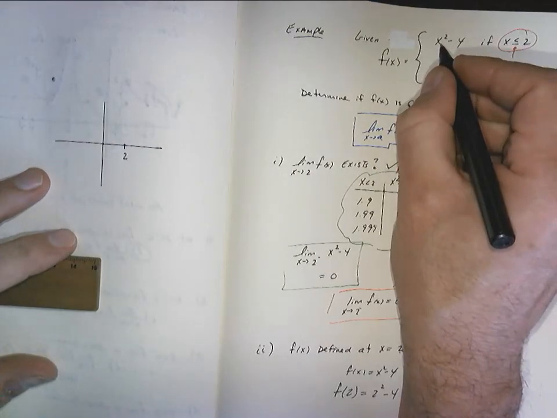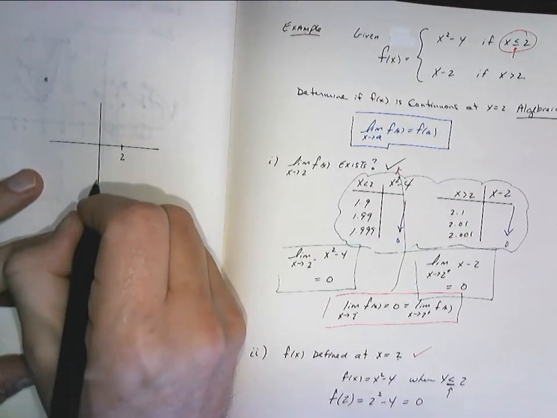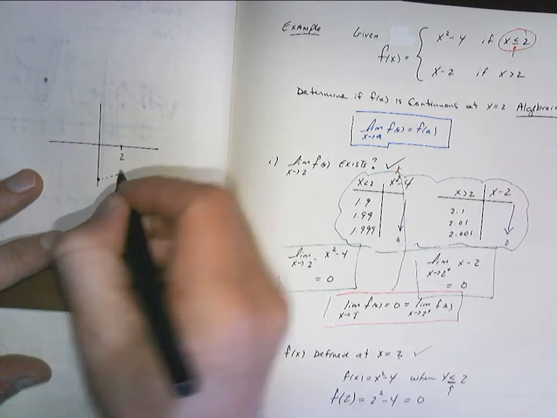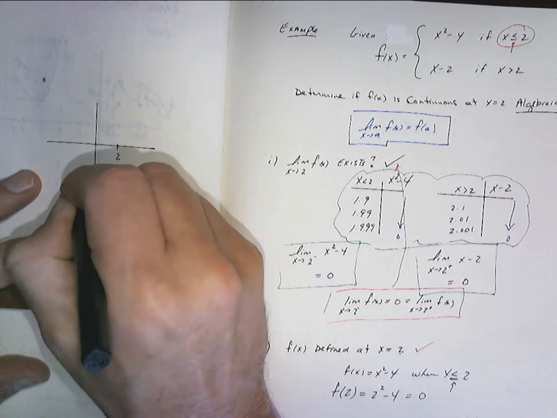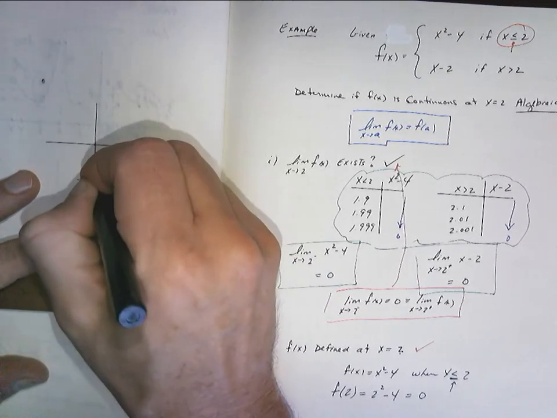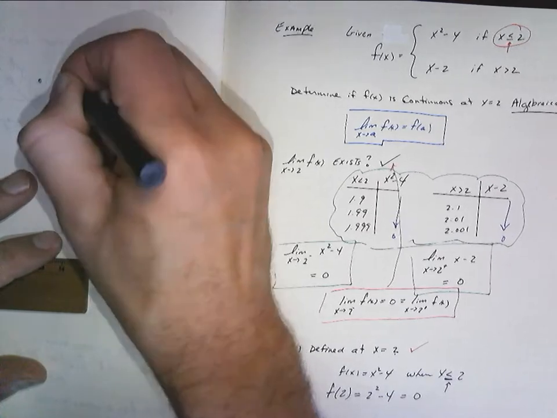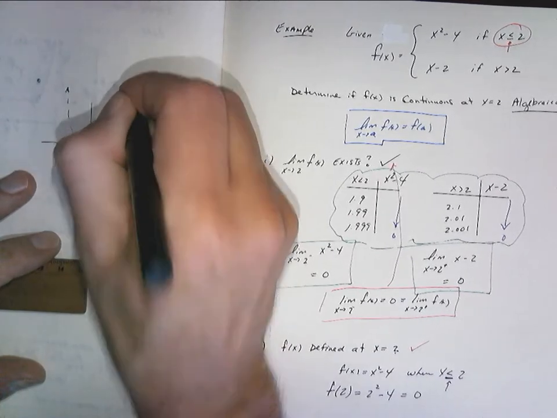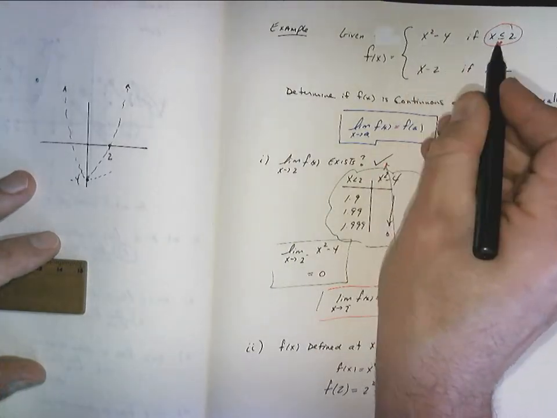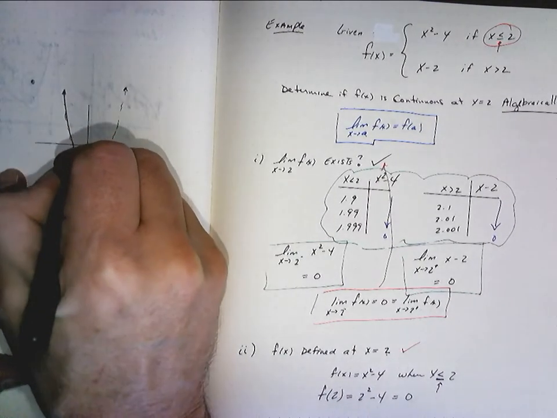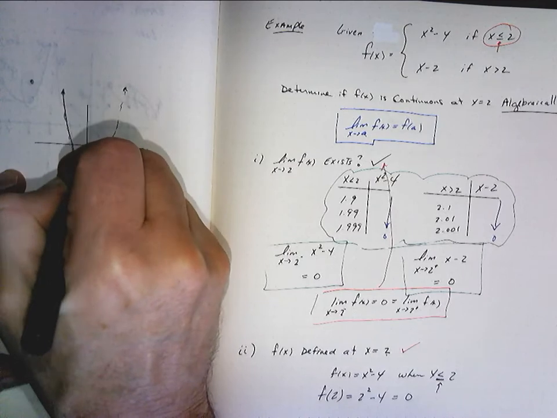This one is x squared minus 4, so that's really a parabola that looks like this. Oh, negative 4. So it's going to go like this, sorry. There's all sorts of ways to graph it, but this is one way that I would think of graphing it. And we're supposed to use this only for values that are less than or equal to 2. So only that much gets used.